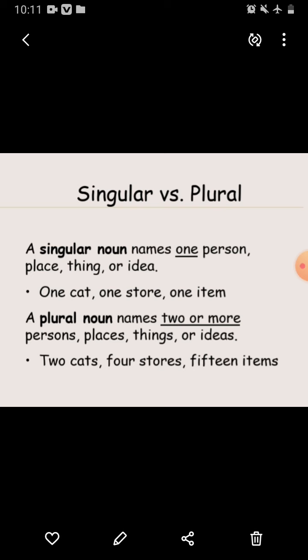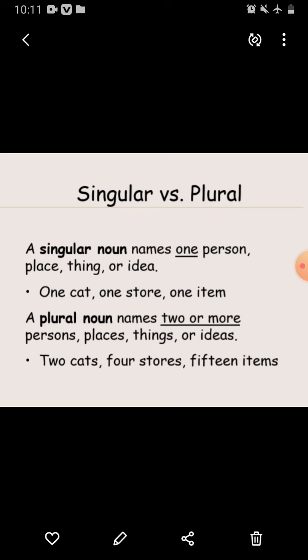And a plural noun names two or more persons, places, things or ideas. Plural means more than one. 2 cats, 4 stores, 15 items.